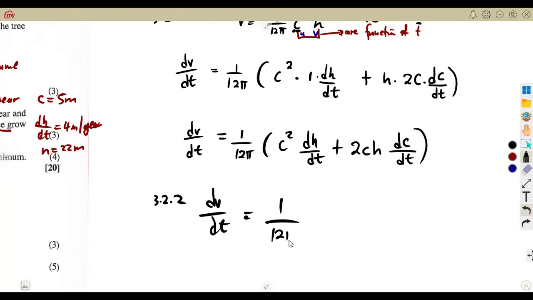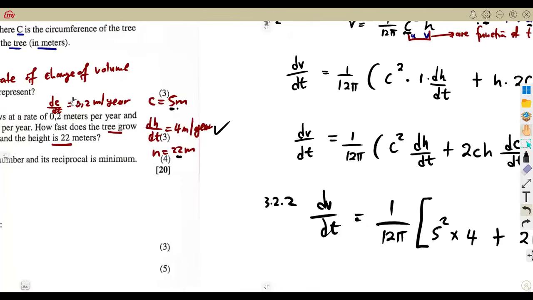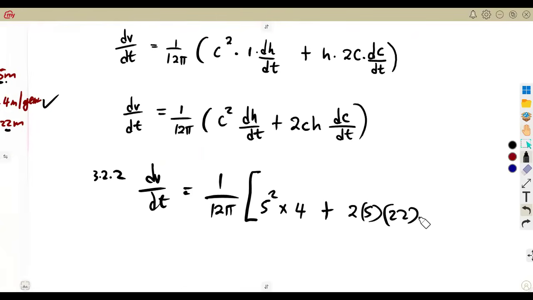So that was going to be 1 over 12 pi into c squared, the circumference we're given, that is 5 meters, so 5 squared times dh dt, you substitute your dh dt, 4 meters per year, plus 2 times c, which is 5, times h, the value of h is 22, times dc dt, the rate of change of the circumference, 0.2 meters each and every year.